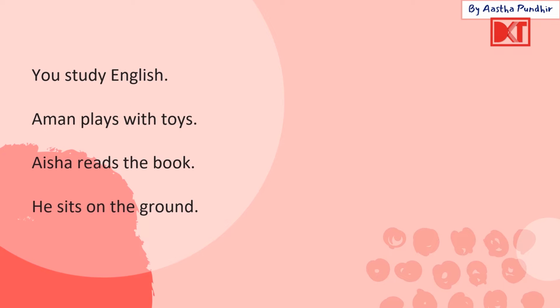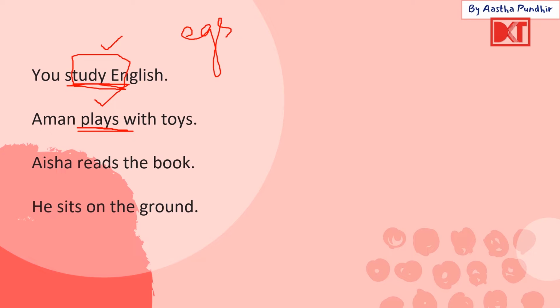Now these are a few examples for verbs. For example, you study English. Now study shows some action being done. This is a verb. Next, Aman plays with toys. So which is the word telling us some action? Plays. This is also a verb.